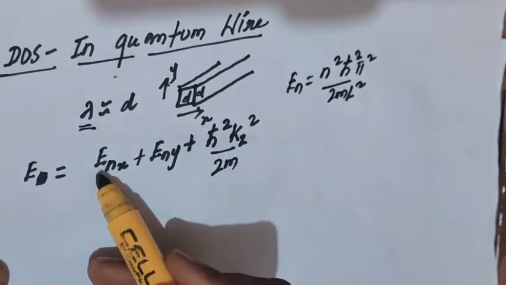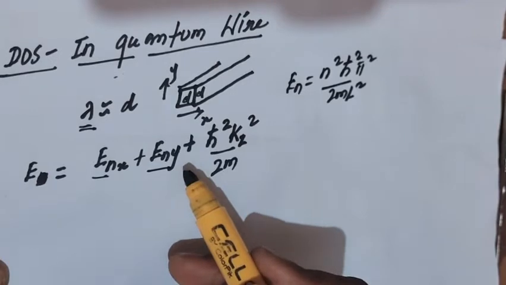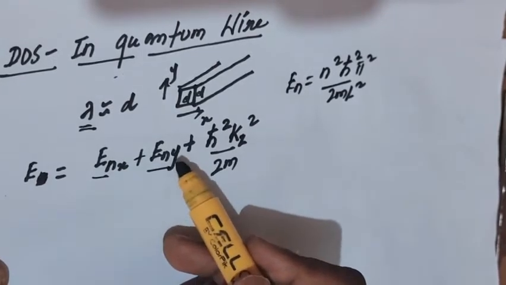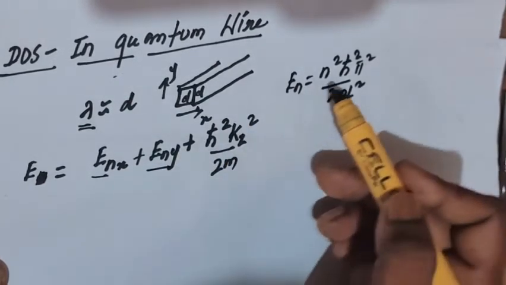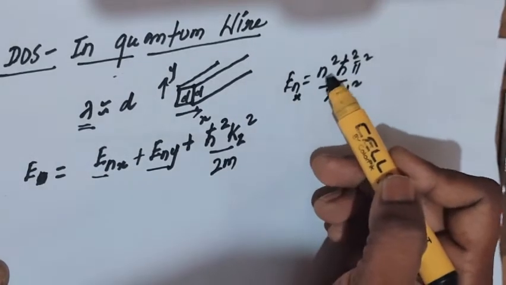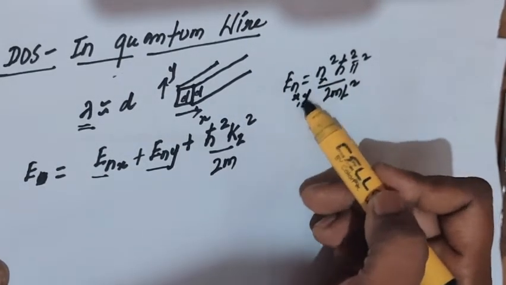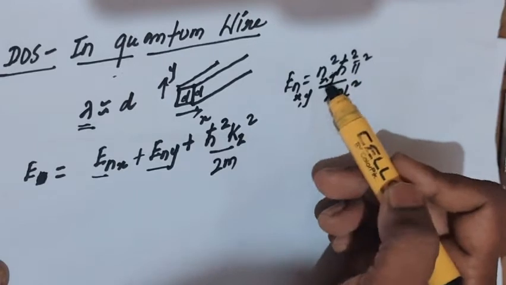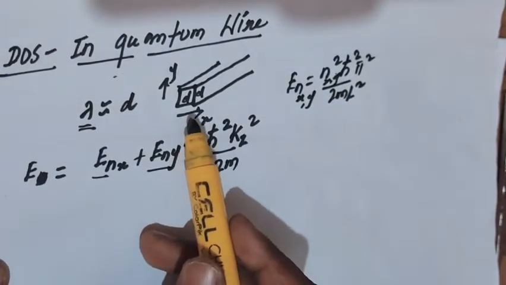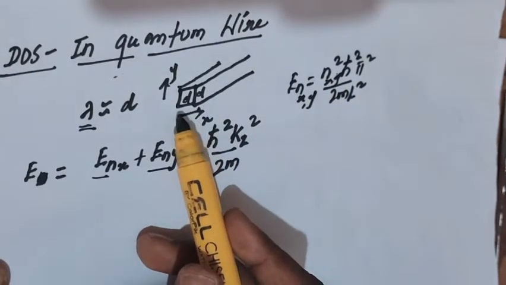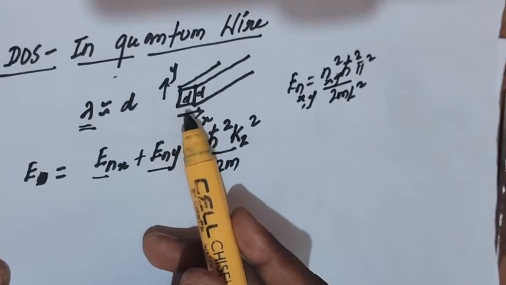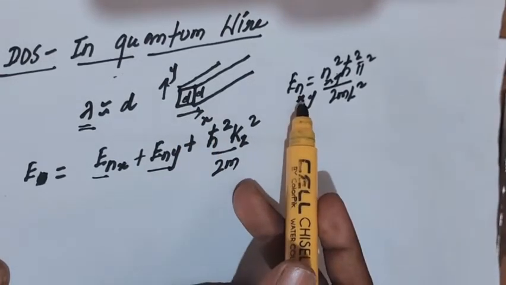That's why we have separate discrete energies for the x and y directions. So for x we put x here, and for y we put y, because the same set of equations is used for both directions. Then you will get the same energy eigenvalue.